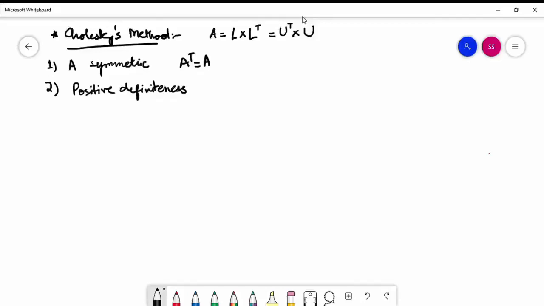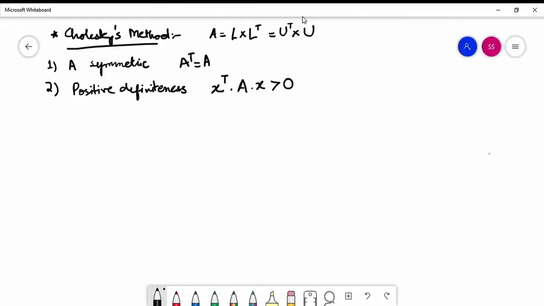if you have any unknown value or specific value, a column vector, you take its transpose. Like if you have x1, x2, x3 as a column vector, you take its transpose and multiply it with the coefficient matrix, and then multiply that product with the original column vector. And if it is a positive quantity, then it is a positive definite matrix.